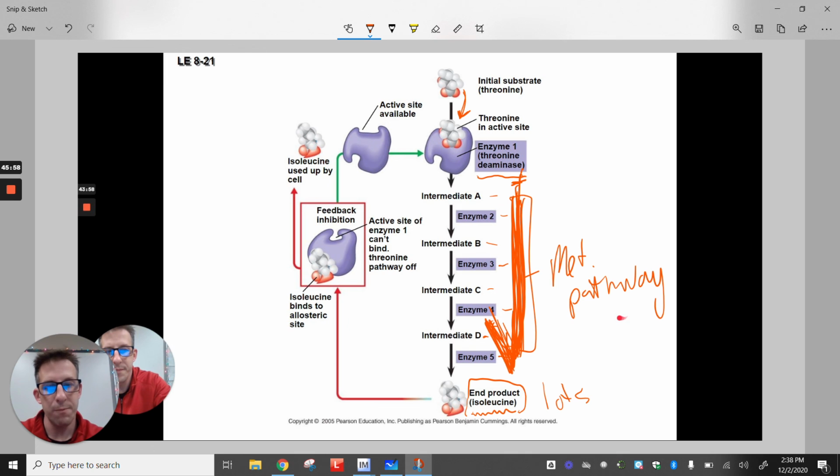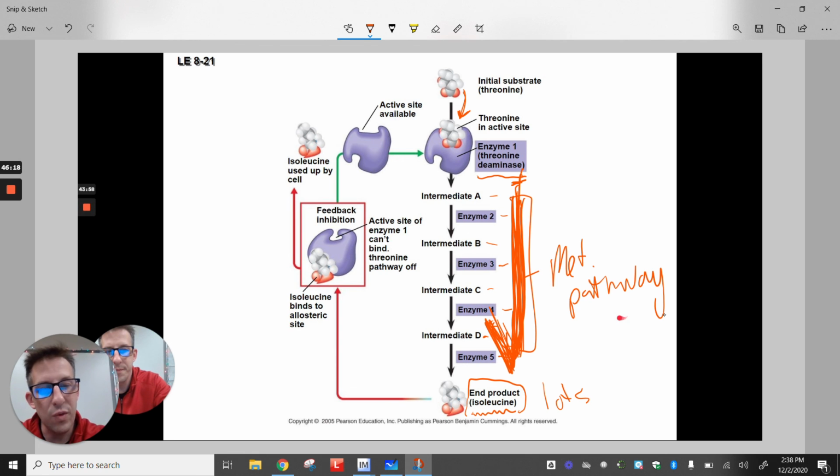But the body only needs so much. It doesn't need infinite isoleucine, only an X amount. We want to be able to shut this off, otherwise it'll continue to make it until we run out of resources and die because we've used all our resources making isoleucine that we don't need.